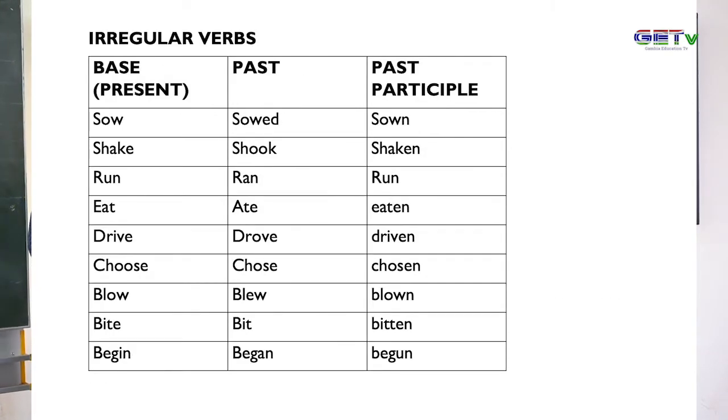Unlike the regular verbs, here, by looking at sow, it is sowed, and the past participle becomes sown. Shake, shook, shaken. Run, ran, run. Eat, ate, eaten. Drive, drove, driven. Choose, chose, chosen. Blow, blew, blown.